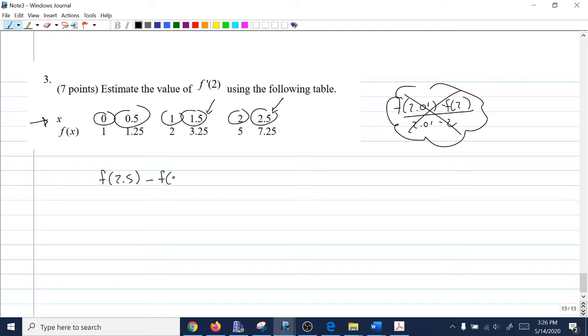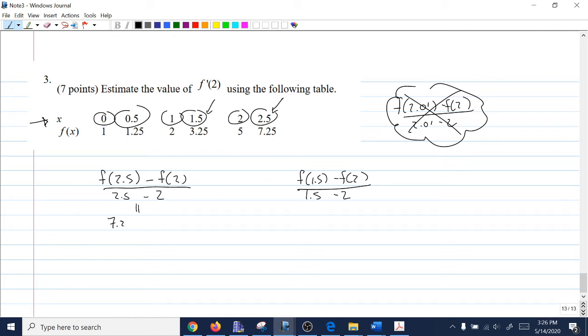I'm going to take f of 2.5 minus f of 2 divided by 2.5 minus 2. I'm going to take f of 1.5 minus f of 2 over 1.5 minus 2. And then I'm going to split the difference between these two approximations.